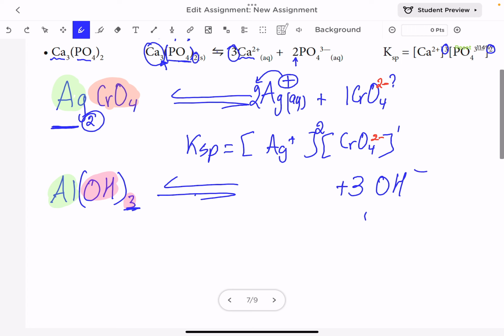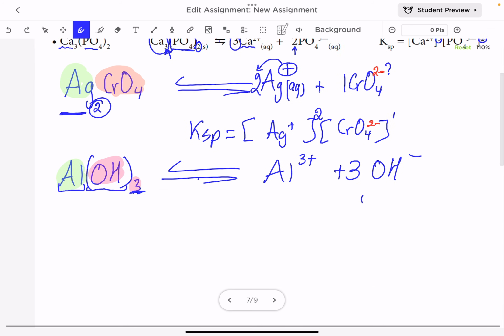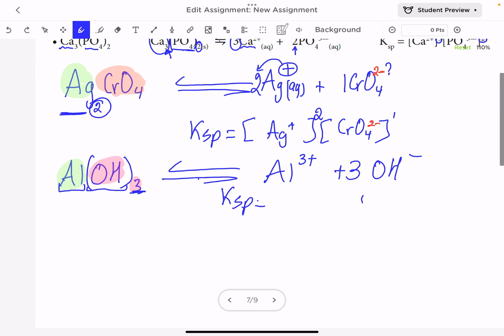Hydroxide ion is known to be OH minus, and aluminium belongs to group 13 with 3 plus. So we have 1 aluminium and 3 OH. When we write the Ksp of this compound, it is the concentration of Al3+ multiplied by the concentration of hydroxide ions raised to power 3.